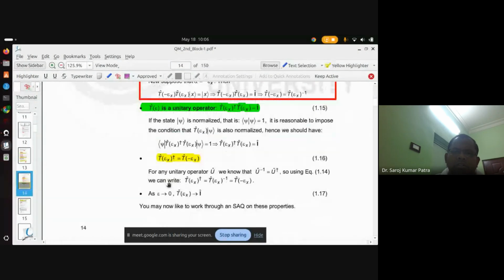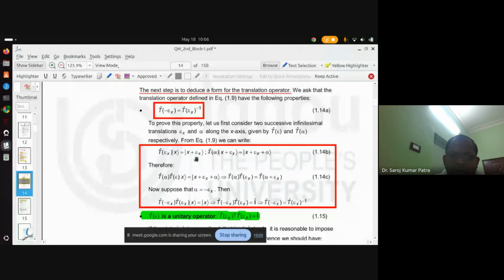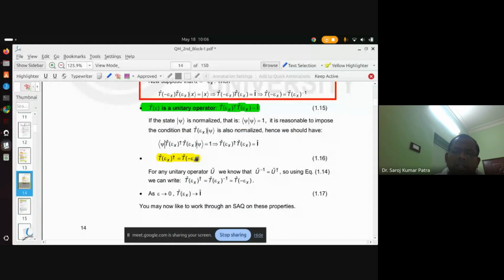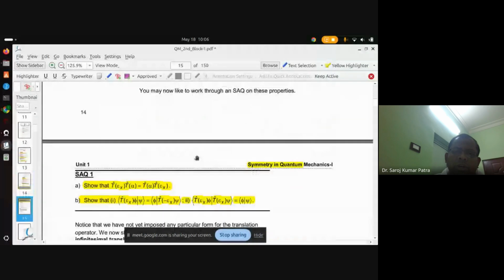From that we also concluded that T dagger must be equal to T of minus epsilon x. These are the properties that the translation operator has to satisfy.